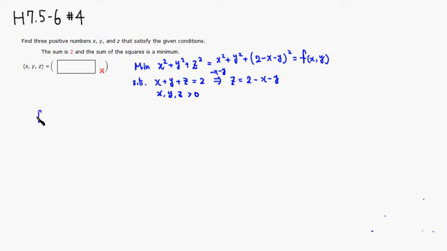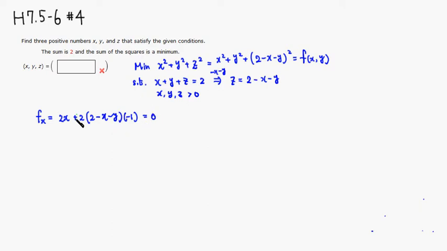So let's take the partial with respect to x. That would be 2x, and the partial of y squared would be 0. Plus 2 times (2 minus x minus y), subtract 1 from the power, and times the partial of the inside, which is negative 1. Set that equal to 0 first.